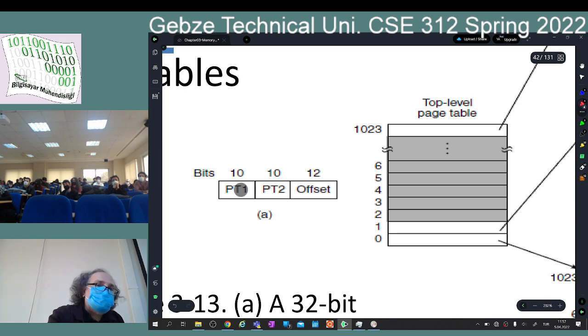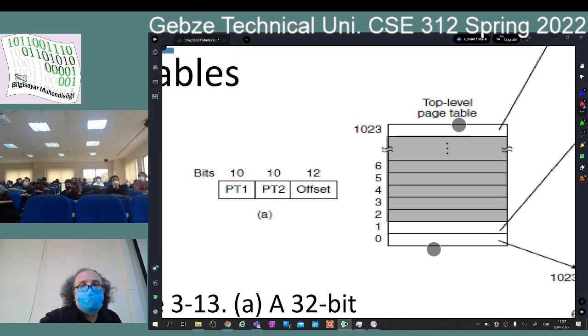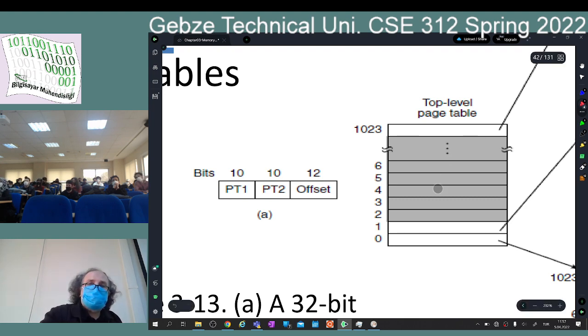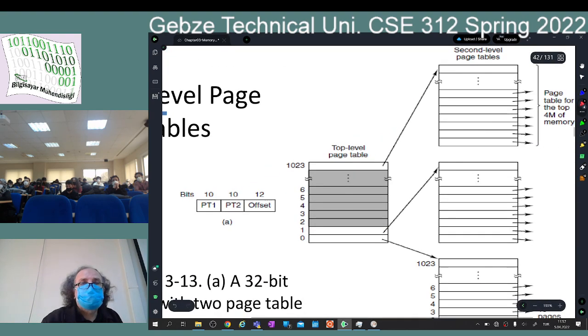I use these 10 bits to address a top-level page table. This has 1K entries, 2 to the power 10, so just over 1000 lines of entries. But each of these lines doesn't hold a pointer to page frames. They hold pointers to other page tables.